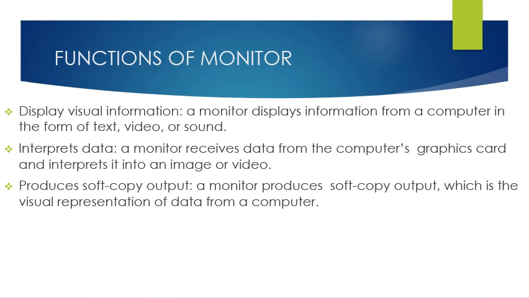So let's look at the functions of a monitor. Display visual information. A monitor displays information from a computer in the form of text, video, or sound. Most times, once we use our monitor, we can visualize images or pictures, or we can even listen to MP3, where we will only hear the sound.